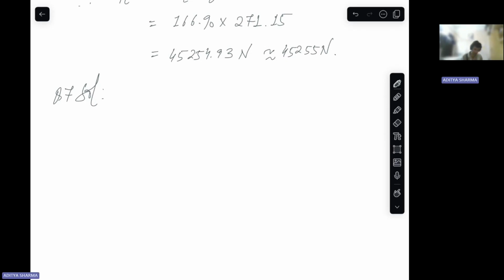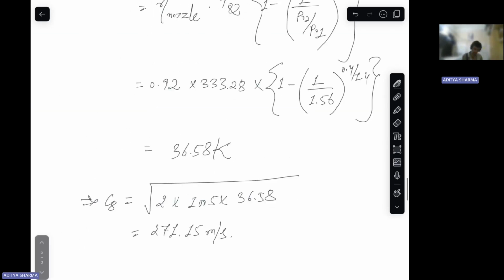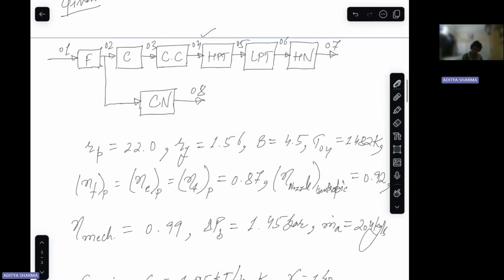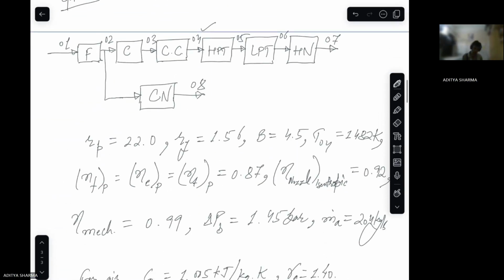Question asks for outlet temperature of high pressure turbine, that is T05. Just have a look at the schematic again.